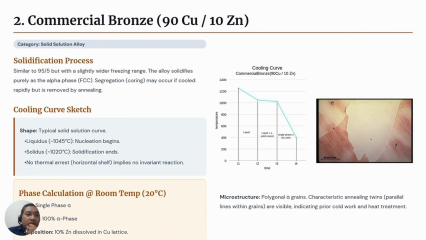This one is about commercial bronze. The content is 90% copper and 10% zinc. Commercial bronze, which contains 10% zinc, despite the name, is a brass alloy.